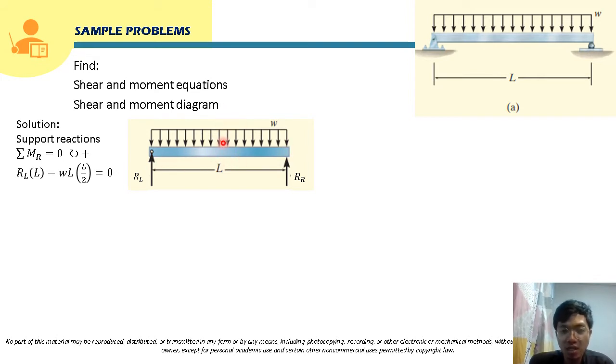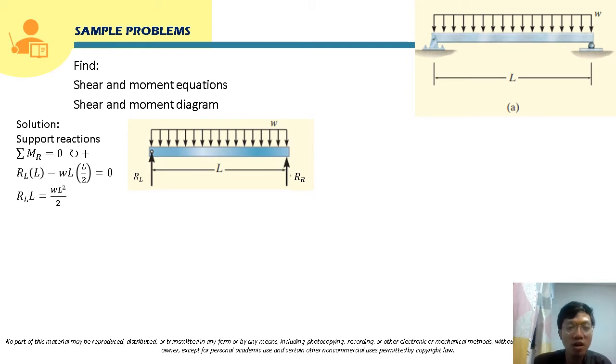Its moment about point O, its moment arm will be L over 2. That's why we multiply it by L over 2. The moment of the equivalent point load about this point will be rotated this way. So this is counterclockwise. That's why it's negative here. So this will be equal to 0.